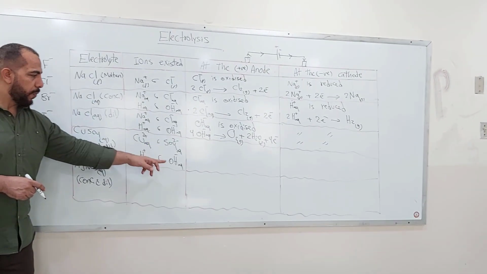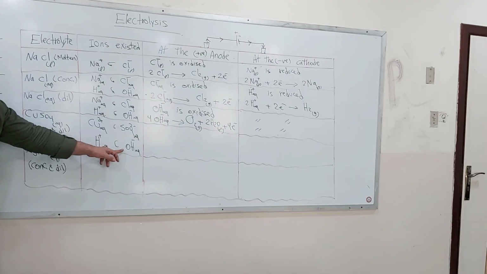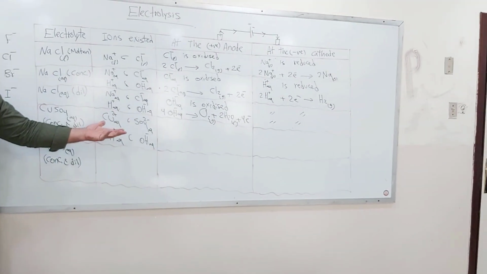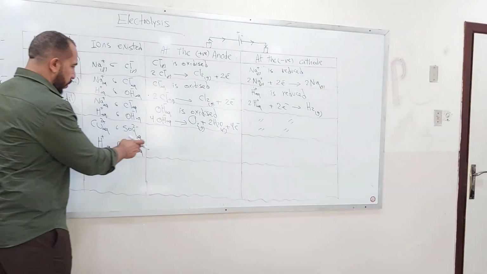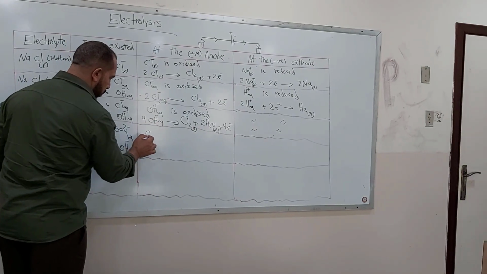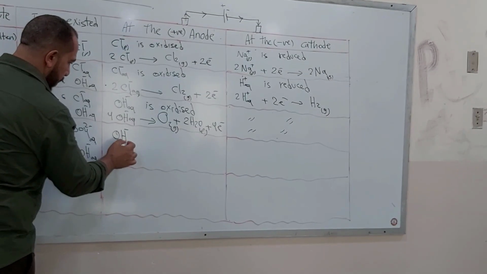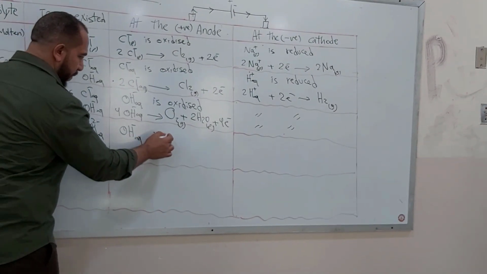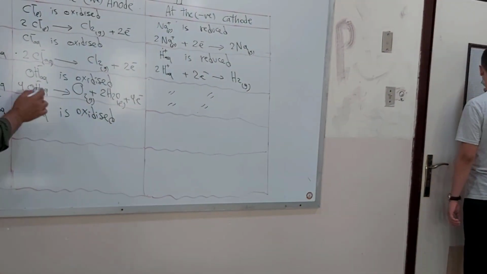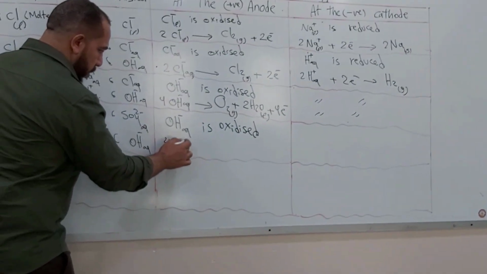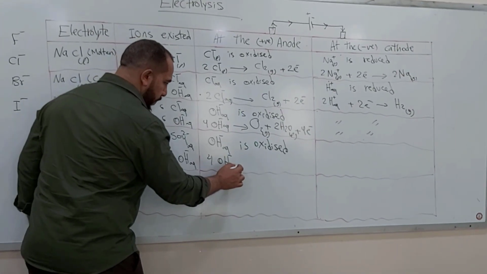What about SO4 and OH here, guys? We said before SO4 is not halide, so the rule now is OH. So we can do the same for OH here, guys. So OH⁻(aq) is oxidized, and the same half equation, guys, for OH⁻(aq).